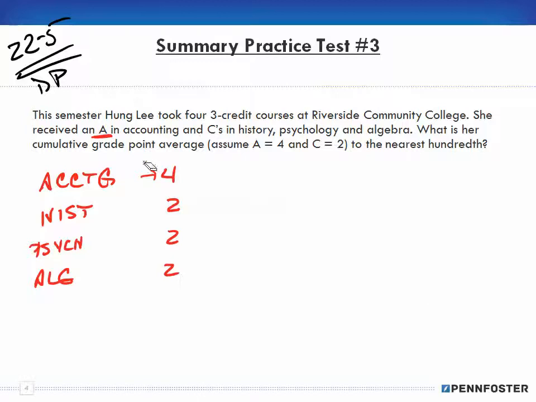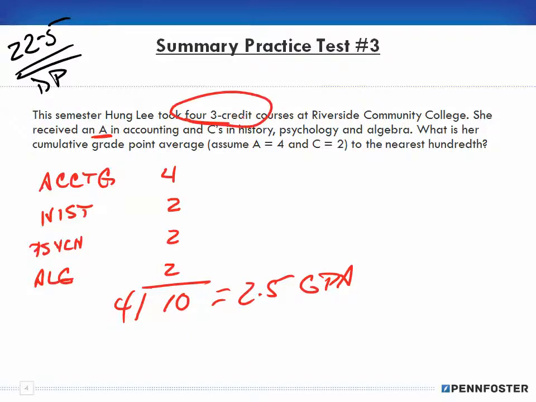All I need to do is list all of the points, which gives me 10, and divide by the number of subjects, which is 4, and I would have ended up with the same GPA of 2.5. But that's only because all of them are 3 credit hour courses. If you had one subject that was not a 3 credit hour course, then you have to do all that additional math. I hope you understood that.